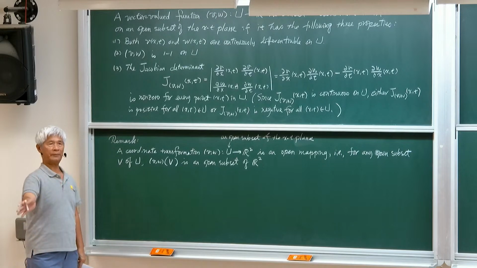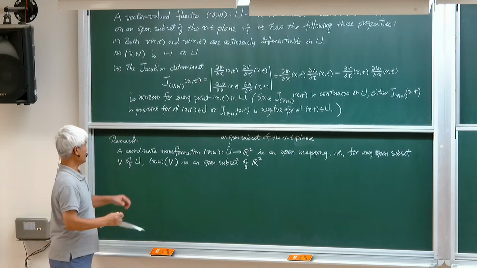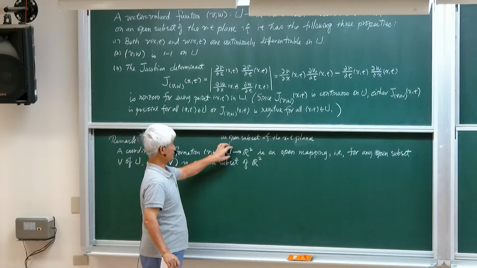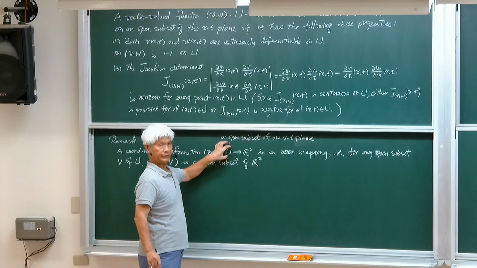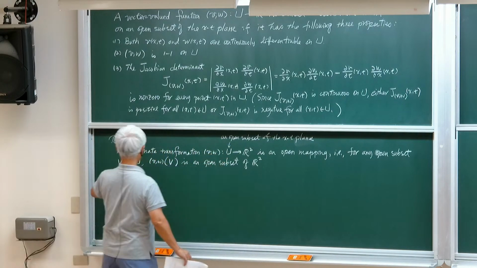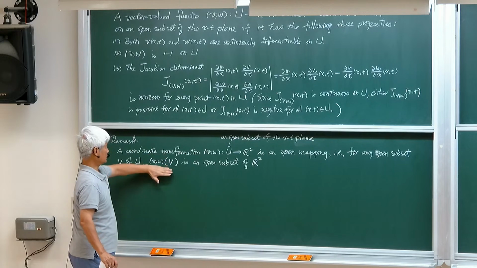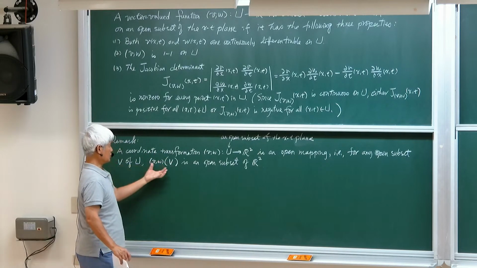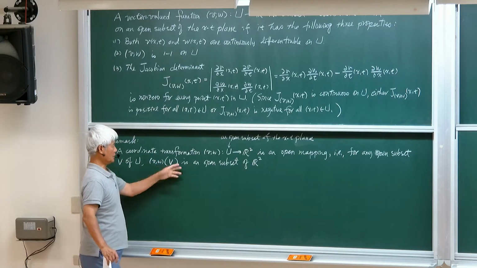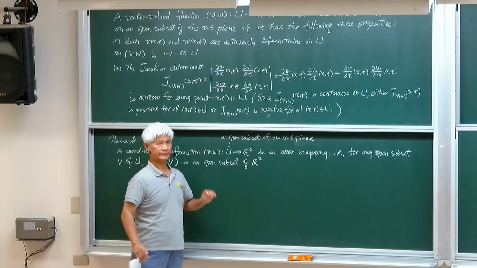So it is called an open mapping: any open subset in the domain U gives us a range which is also an open subset.